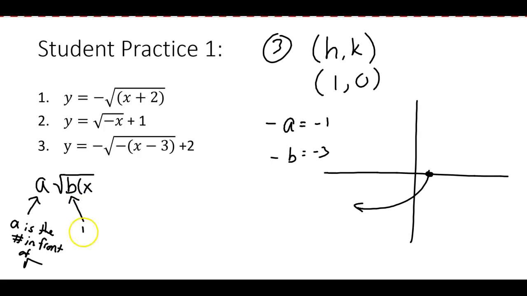B is the number in front of the x. And if those numbers aren't there, then we can say that they equal 1.